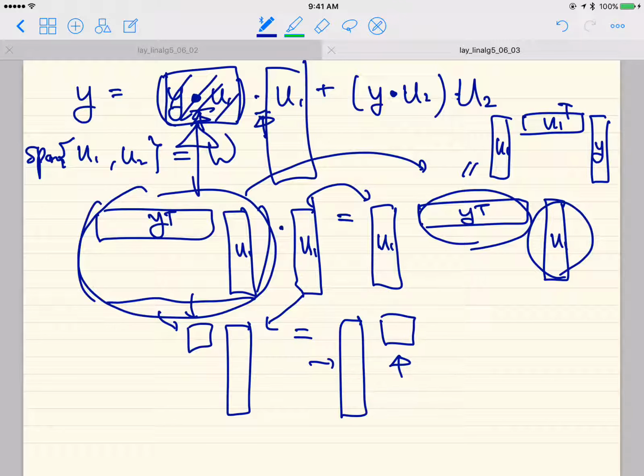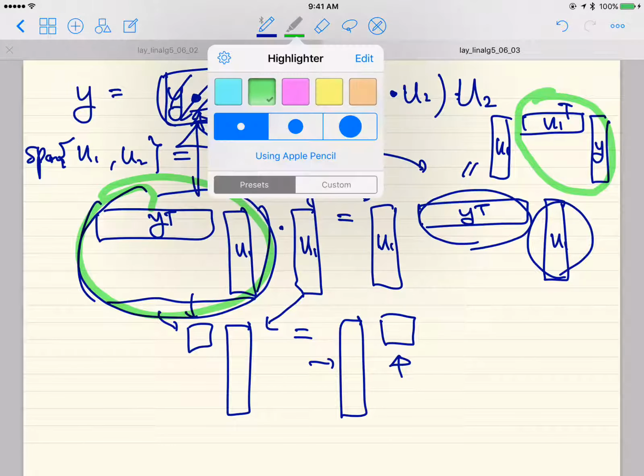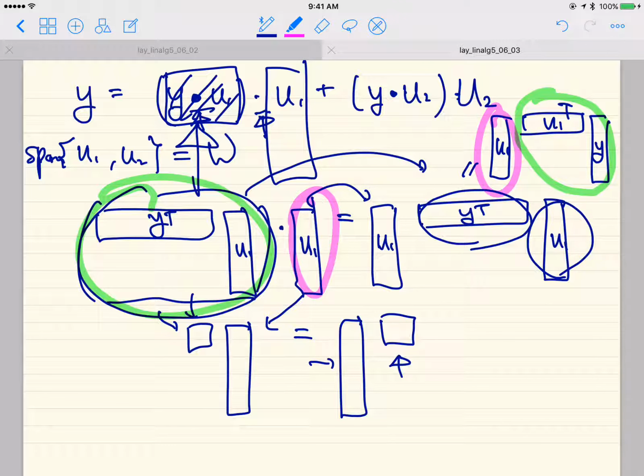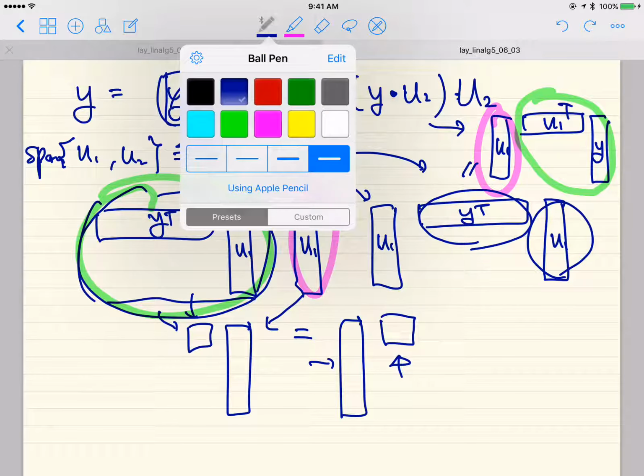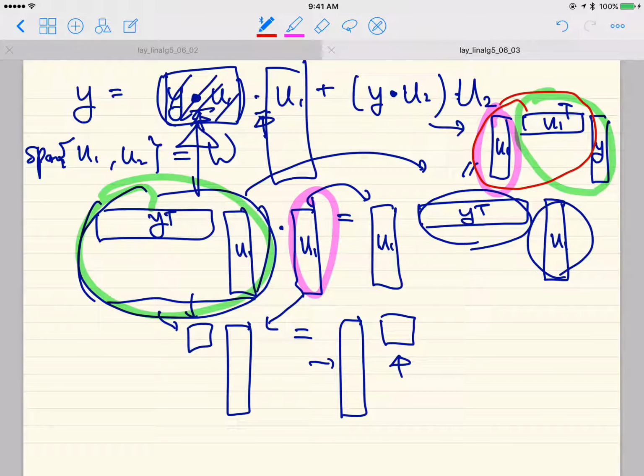Again, this part is the same as this part, and this part is the same as this part. Then we can change the order of computation so that we first compute this part, and later we have this vector.